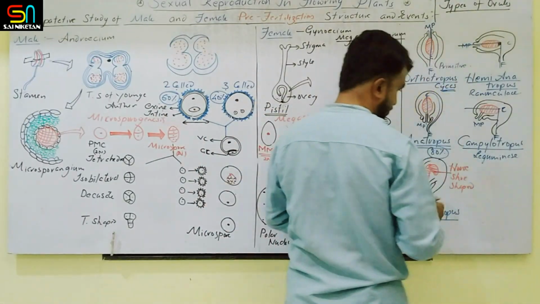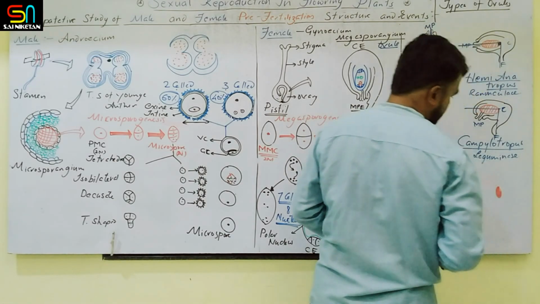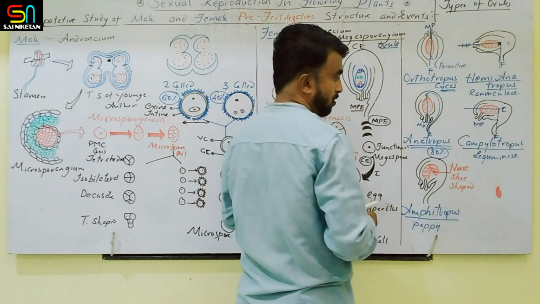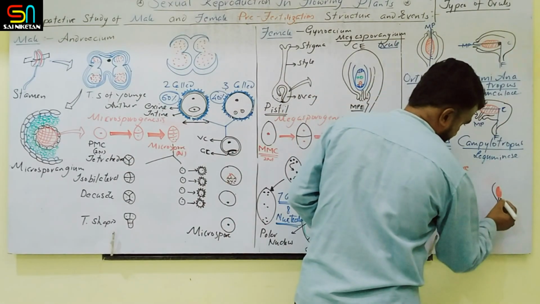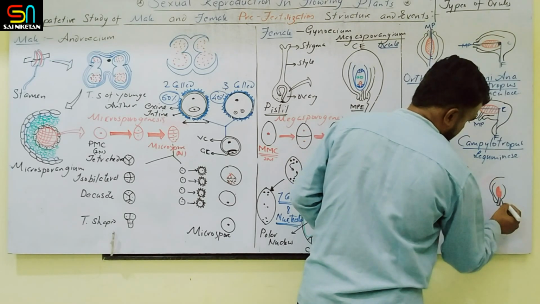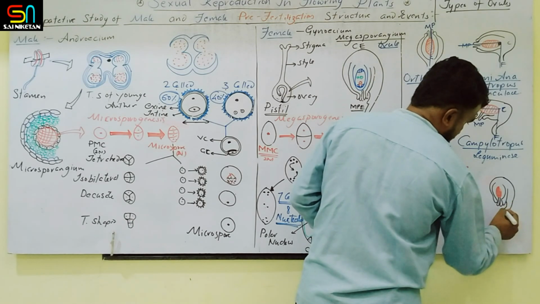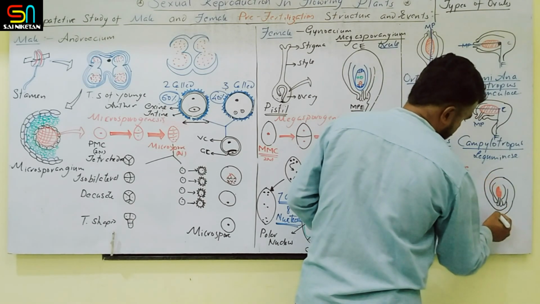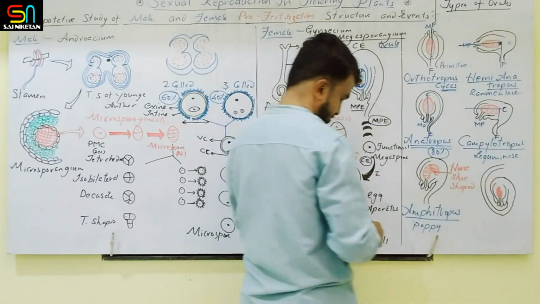Last type of ovule. So here it is the embryo sac. This is a little bit unique. So this is a micropyle and this is the integument. But in the funicle, it curves and almost rotates 360 degrees. Can you rotate?